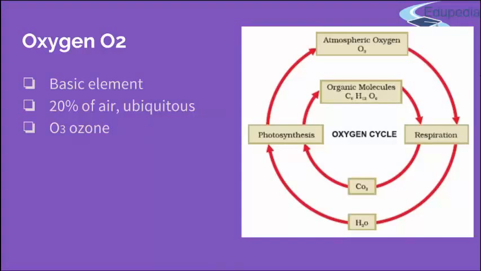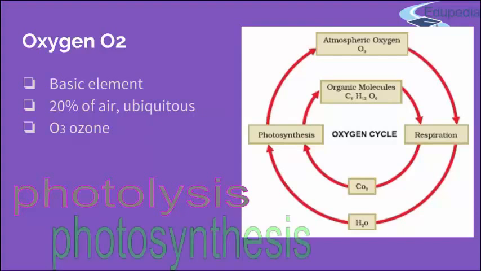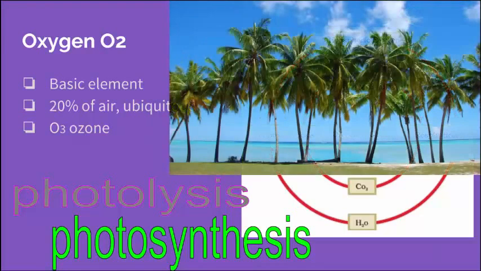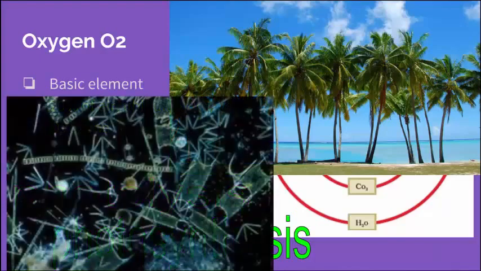This is called photolysis, but today we know that the main source of atmospheric free oxygen is photosynthesis, the process of making sugars and free oxygen from carbon dioxide and water. Higher plants on land are able to carry out this process, and in water biomes it is phytoplankton.